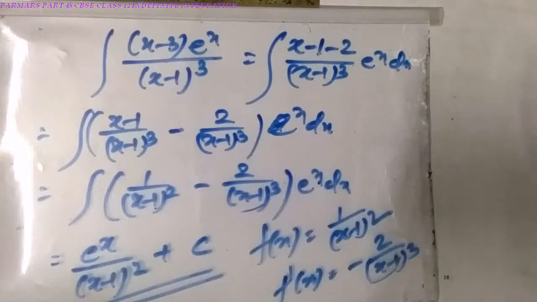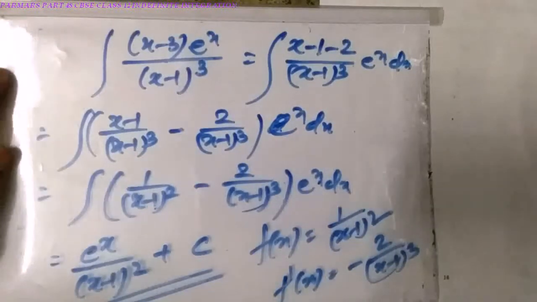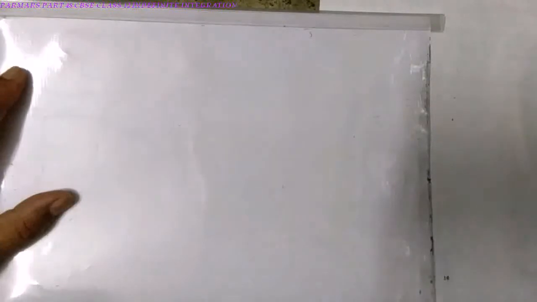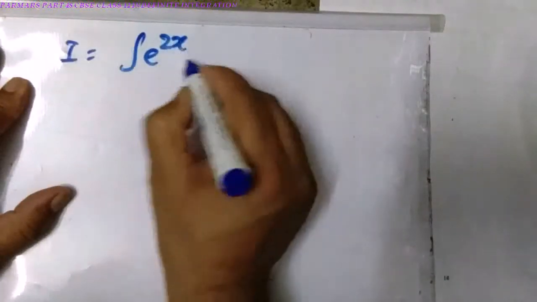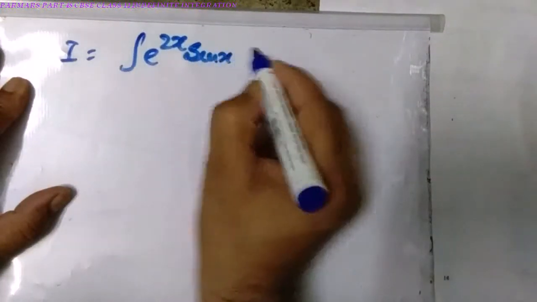Moving towards the next question. Here it is something different. What is the difference? You will see in the solution that the question is the integral of e^(2x) sin x.